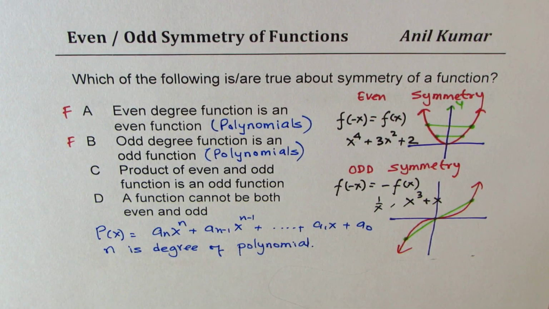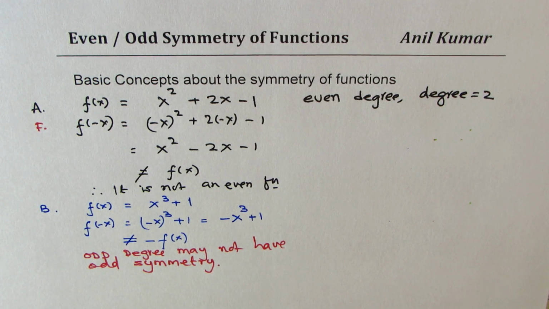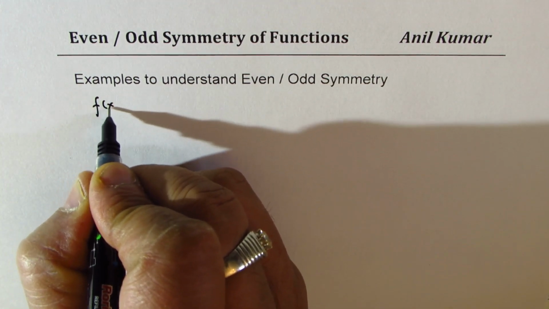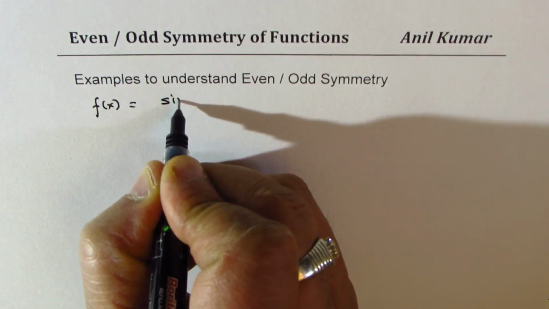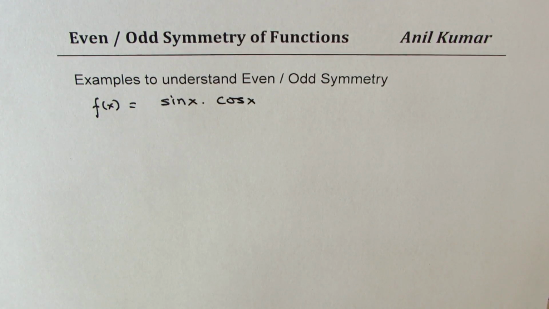Now let's look into the product of even and odd, right? So for the product, let's take an example which is a trigonometric function. Let's take a function f of x equals sine x times cos x. Now, as you know, sine x is an odd function, right?